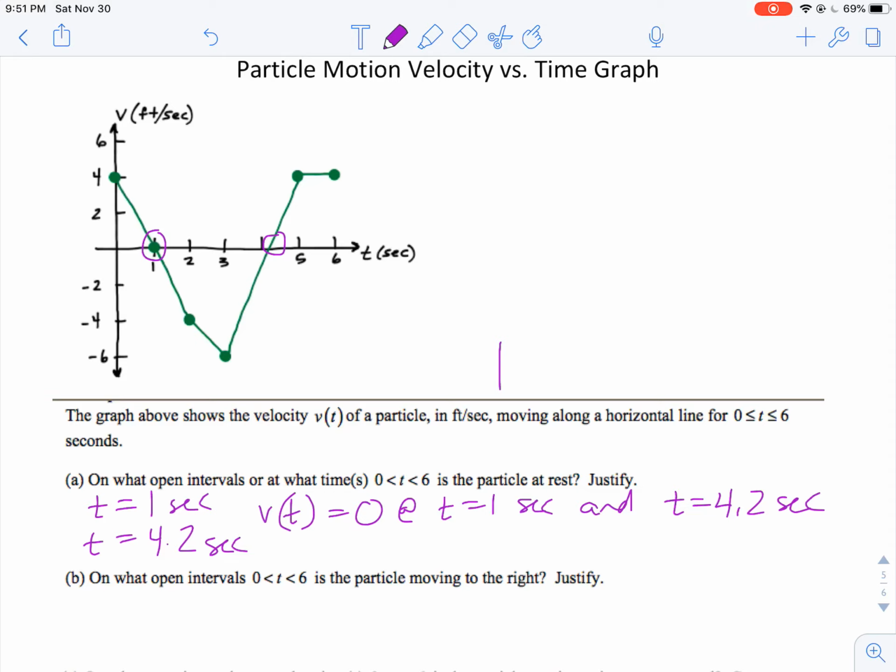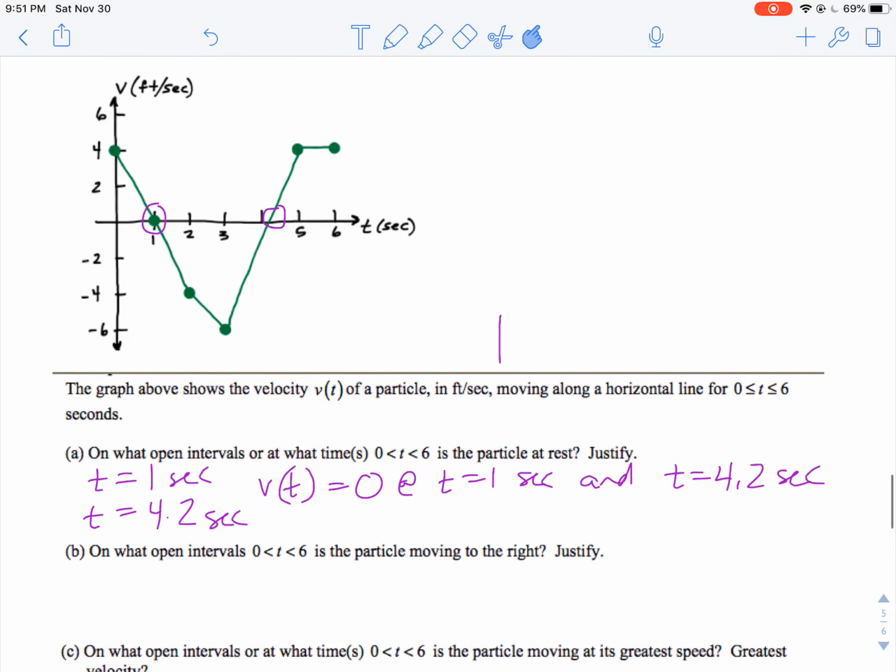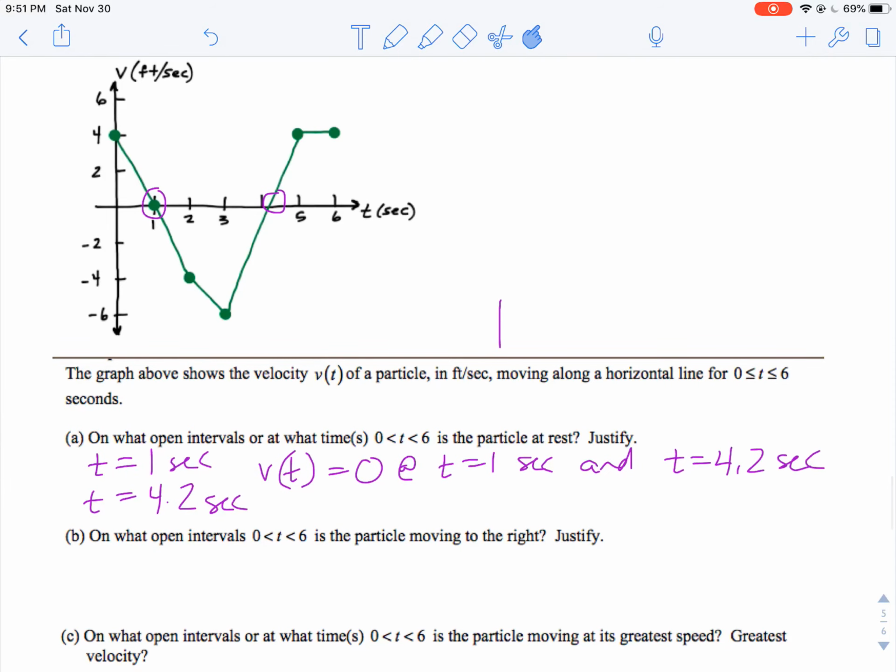Actually, I think I did the equation of the line and actually saw what the x-intercept was, but just to save time in this, you could just estimate. But yeah, we could do points, find the slope of the line, figure out what that actual equation is, and then see what the x-intercept is. Where's the particle moving to the right?